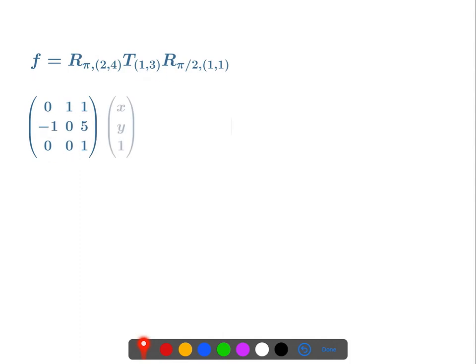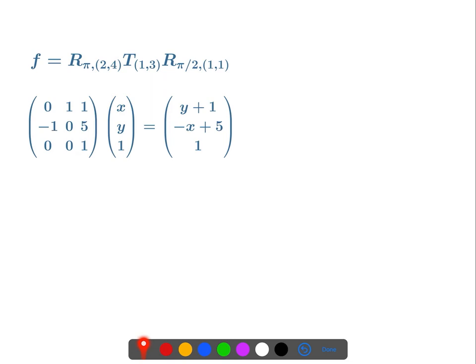The problem we want to handle is we want to see what happens to some xy. And so we go ahead and multiply by xy1. And this is going to give us 0, 1, 1 here. So 0, 1, 1 will give me 0, y plus 1. If I take the minus 1, 0, 5, I'll get minus x, 0, and 5. So that's the minus x plus 5. And then 0, 0, 1 will be 0, 0, 1.